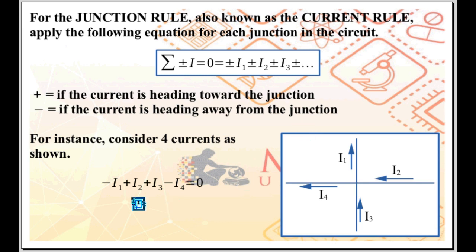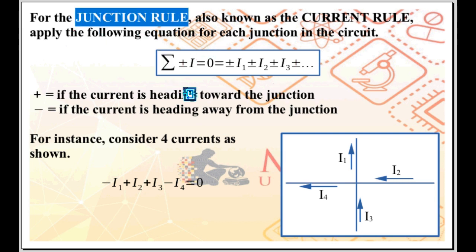On the other hand, plus I2 plus I3 because I2 and I3 are both heading toward the junction. You have the junction rule: summation of plus minus I is equal to 0. Apply this equation for each junction in the circuit.